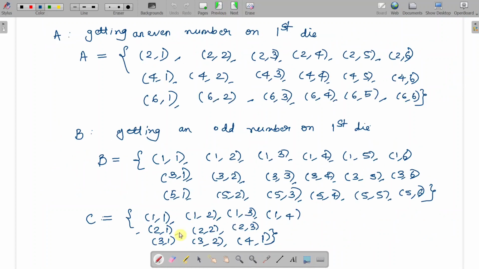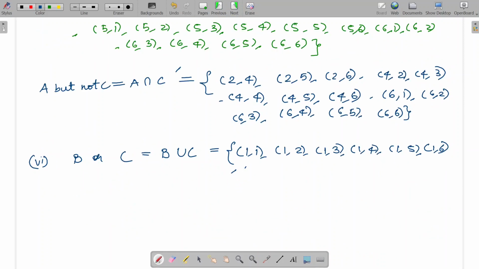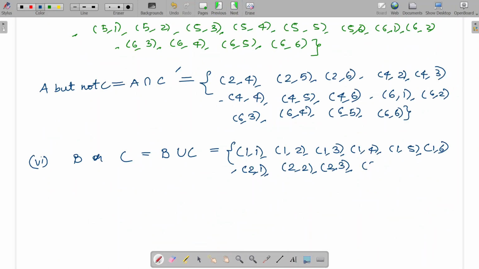So if you look at C, 2 comma 1 is also there. 2 comma 1, right? Then 2 comma 2 will be there, because these are in this C. 2 comma 3, right? These are in this C. And then 3 comma 1, 3 comma 2, right? 3 comma 3, 3 comma 4, 3 comma 5, 3 comma 6.